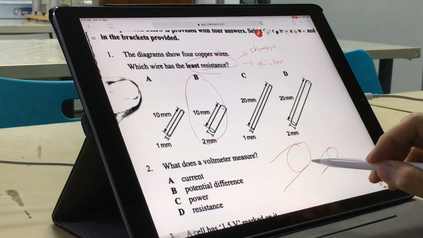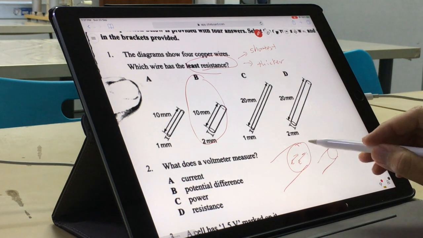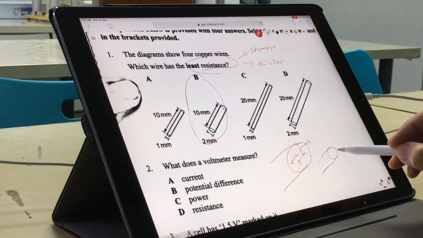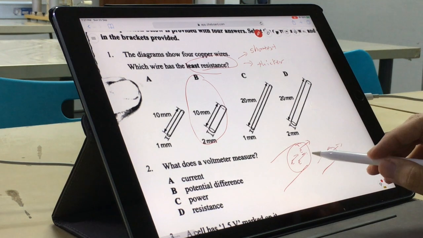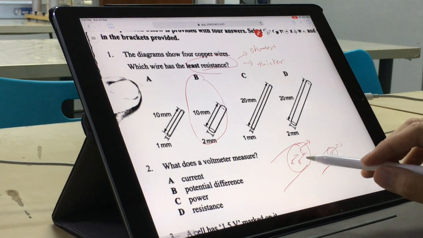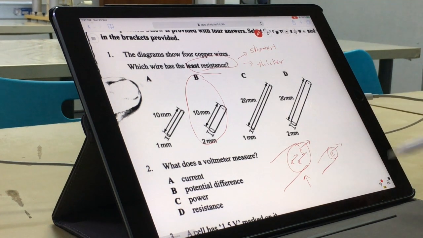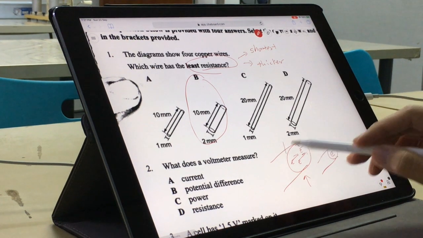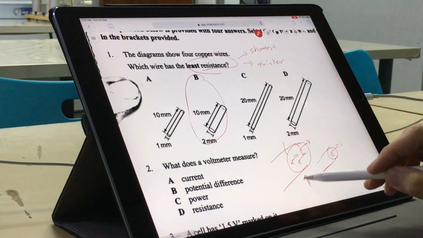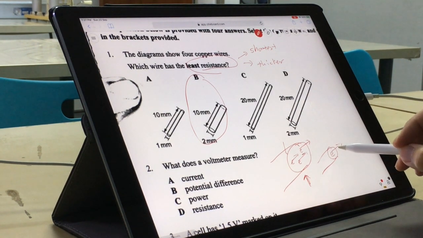The one on the left, because it's thicker, allows more electrons to pass through, but on the right only one electron can pass through. You see on the left we allow a lot to pass through, but the one on the right only allows one.